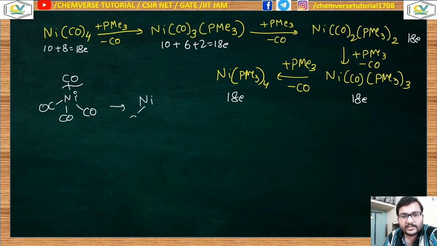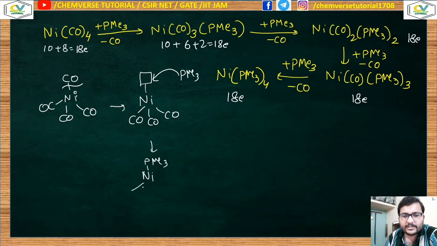It will produce this kind of system, and then there will be a vacant position, and then the PMe3 ligand will come and form the first substituted product. Now it has 3 more carbonyls and there will be successive substitution reactions.